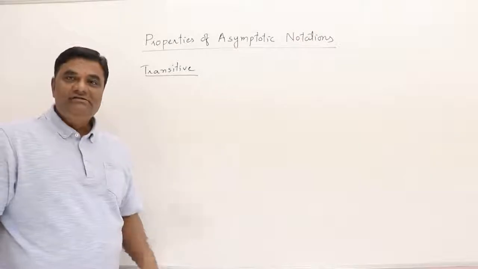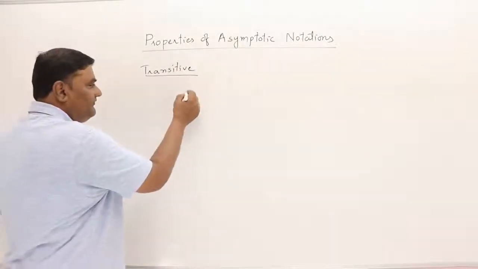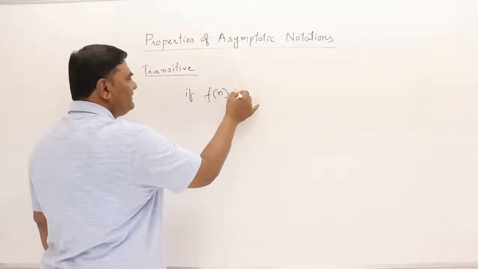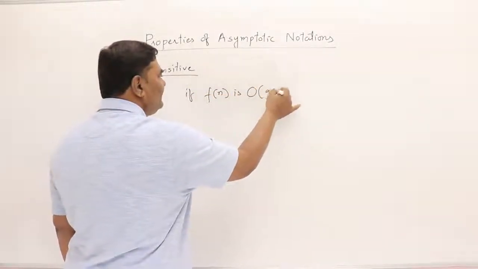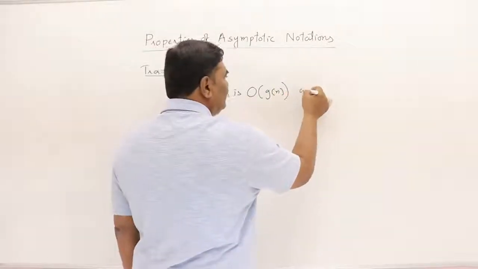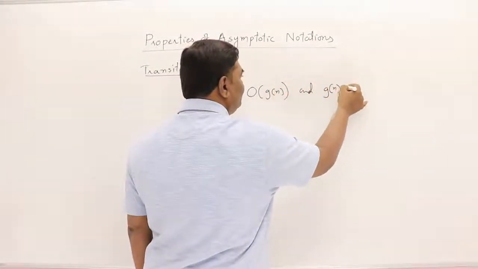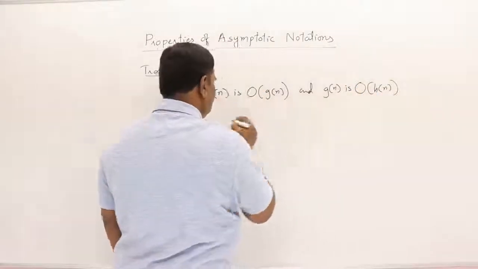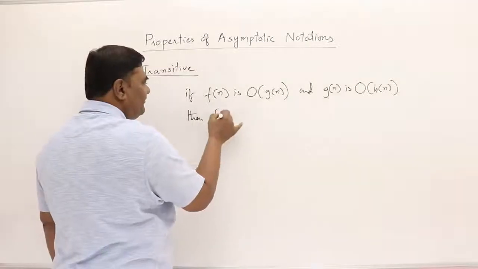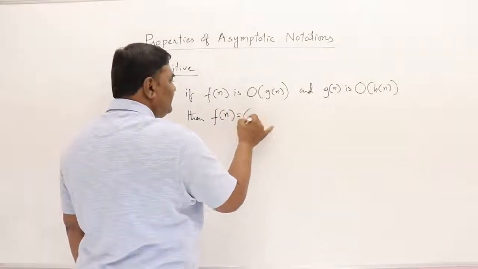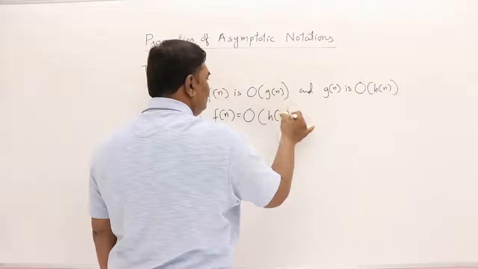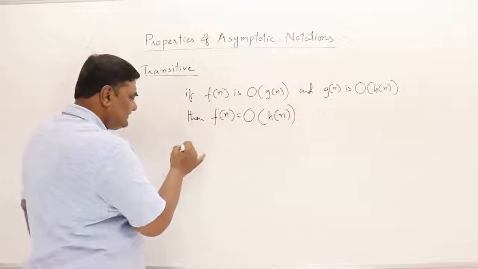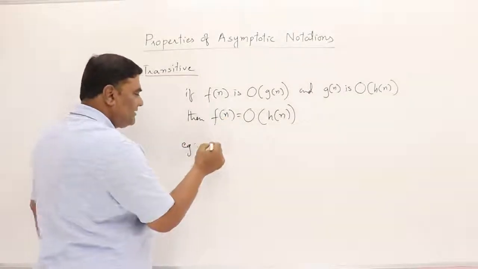Next is transitive property. If you have f of n is big O of g of n and g of n is big O of h of n, then f of n is big O of h of n. Yes, this is true. Let us take an example. I will try to write upper bounds.